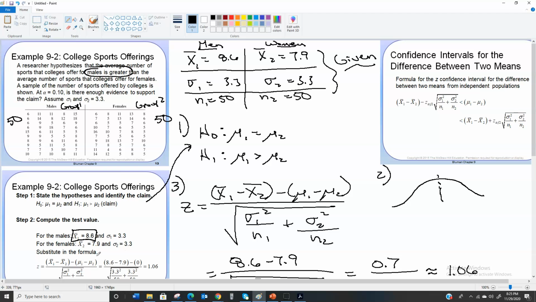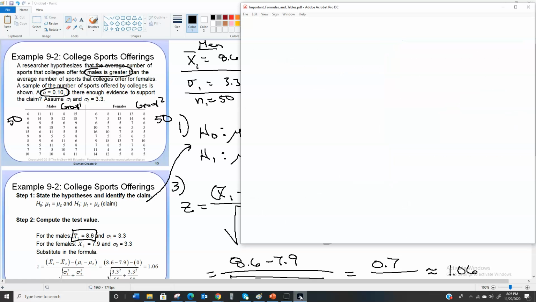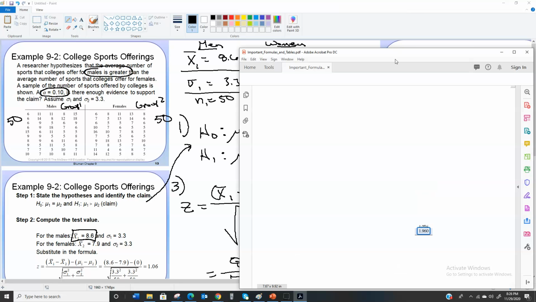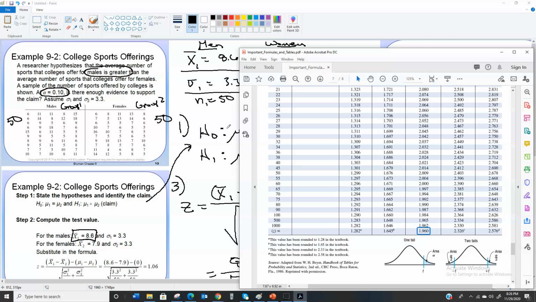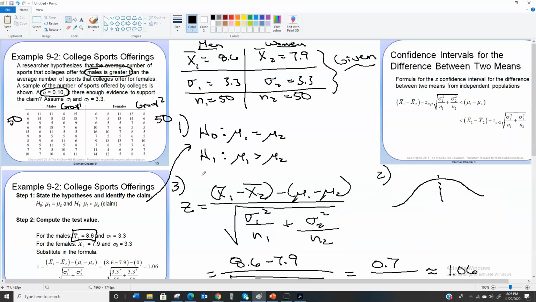Since alpha is 0.10, and we are doing a z-test because we were given the sigmas, then we're going to pull up our chart, and we know it's one tail because we are talking about greater than.